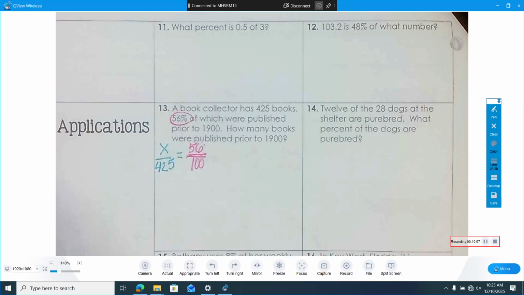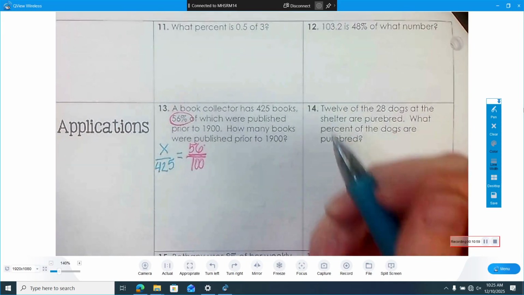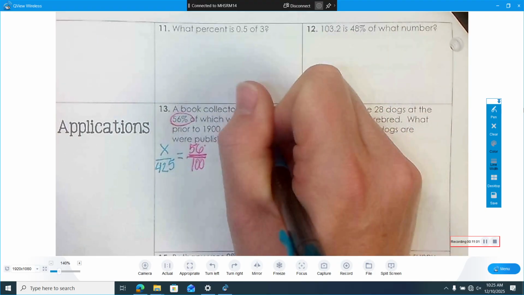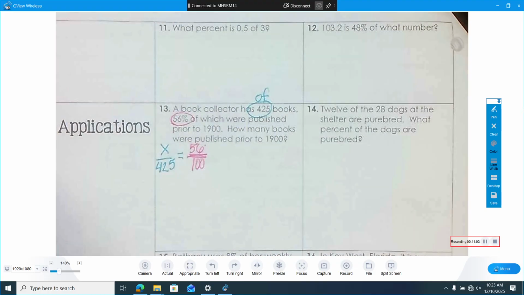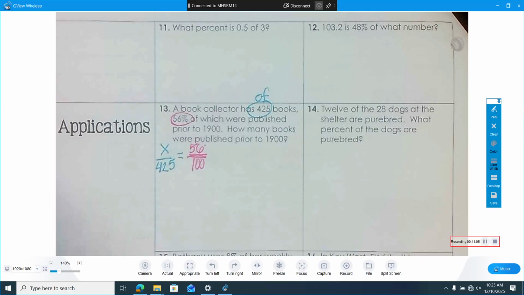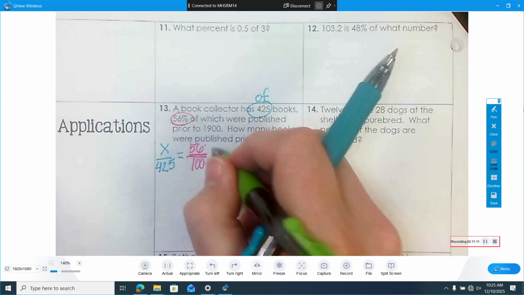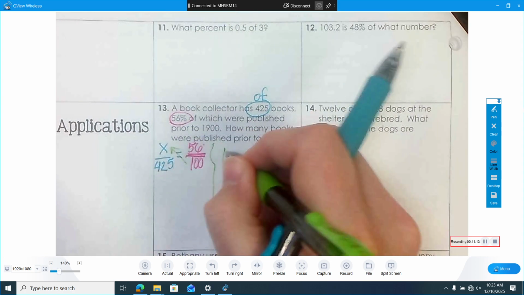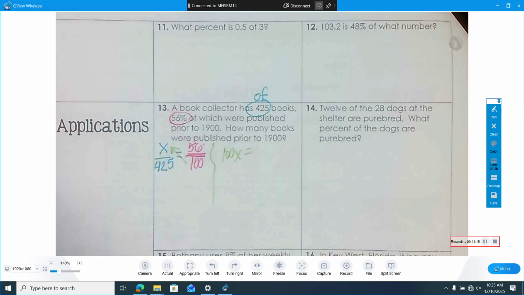Pretty easy there. Okay, so this is sort of out of 425 books. Let's see, we can cross multiply. 100 times x is 100x.